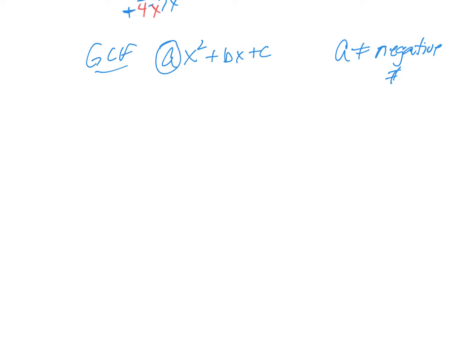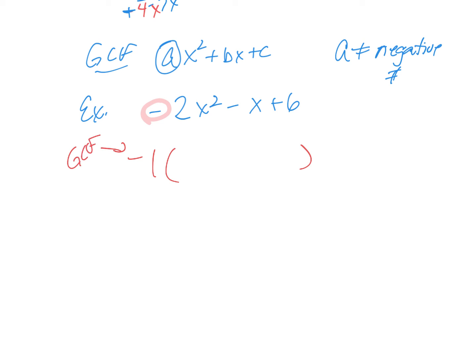So if I give you an example and I said negative 2x squared minus x plus 6. When I look at this, you cannot have this negative right here. So we're going to factor out a negative 1 as your greatest common factor. This is your GCF. So that means, remember, I'm dividing that negative 1 out. I'm getting rid of it.